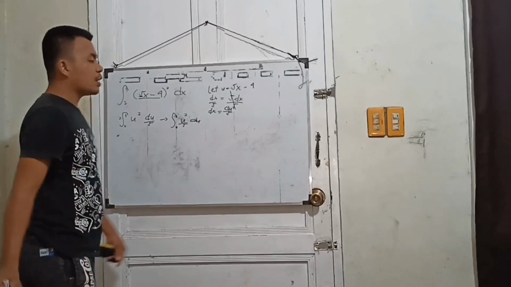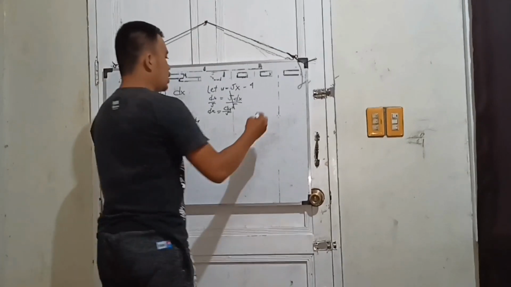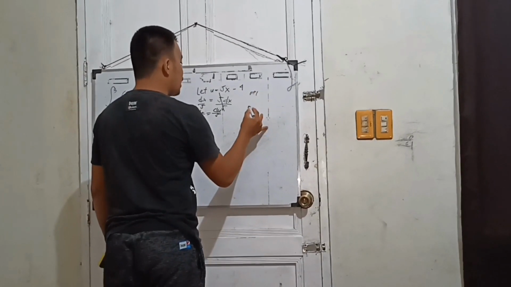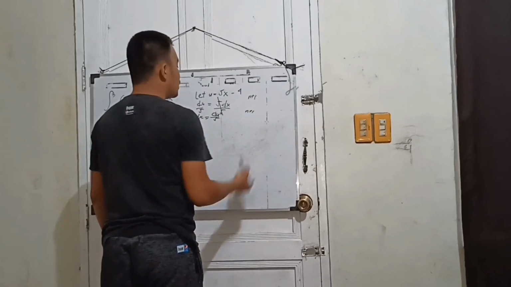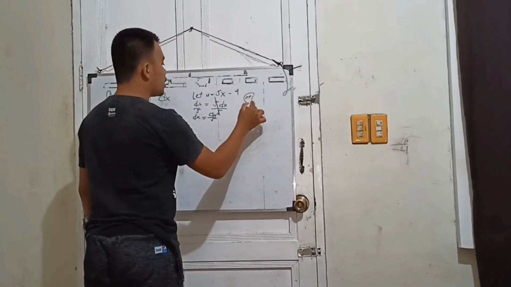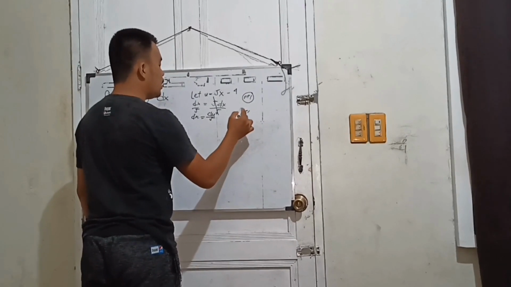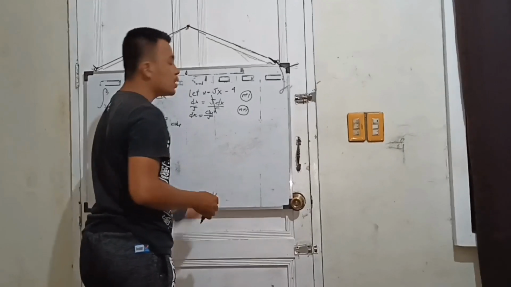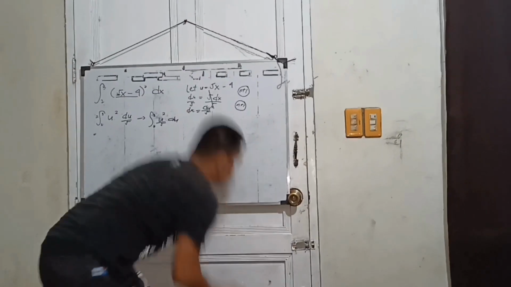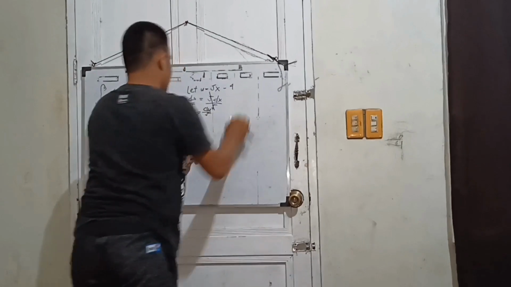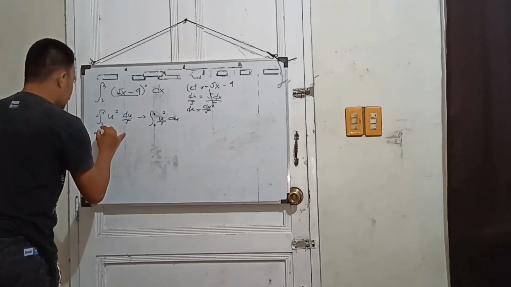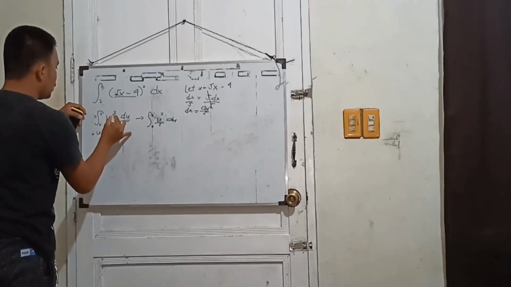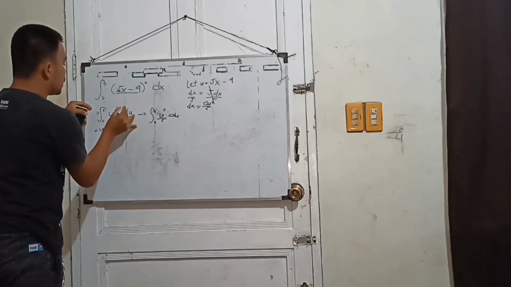So the rule of integration is you let the exponent be n plus 1, and the denominator will also be n plus 1. So what is the value of our exponent? It will be the value of our denominator when we integrate. So, integrating this, 2 plus 1 is equal to 3.